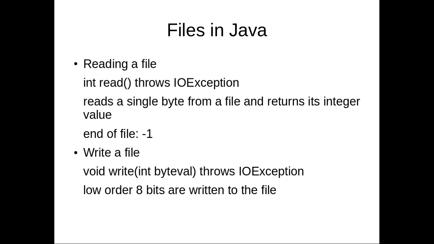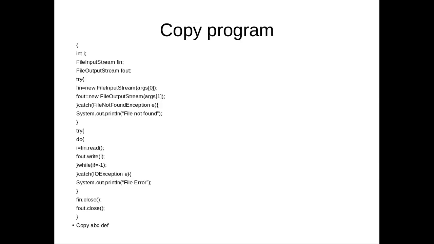And for writing a file, you have to pass a byte as your parameter. Write a byte, and that will also throw an IOException, and the lower 8 bits are written to the file. So this is how data is read and data is written. We'll go through an example, and we will be thorough with this.